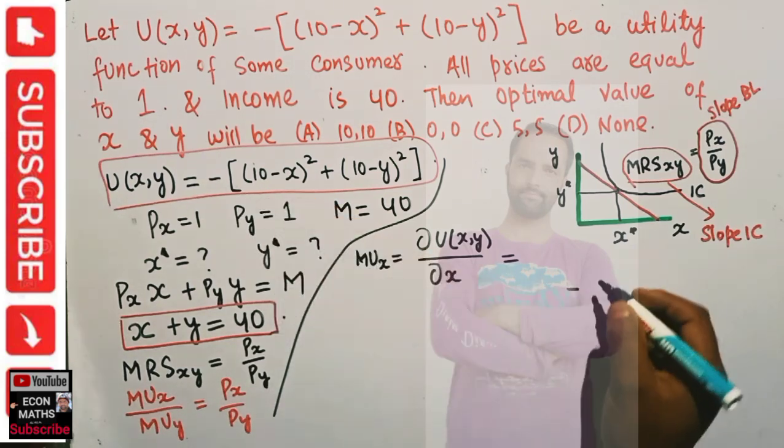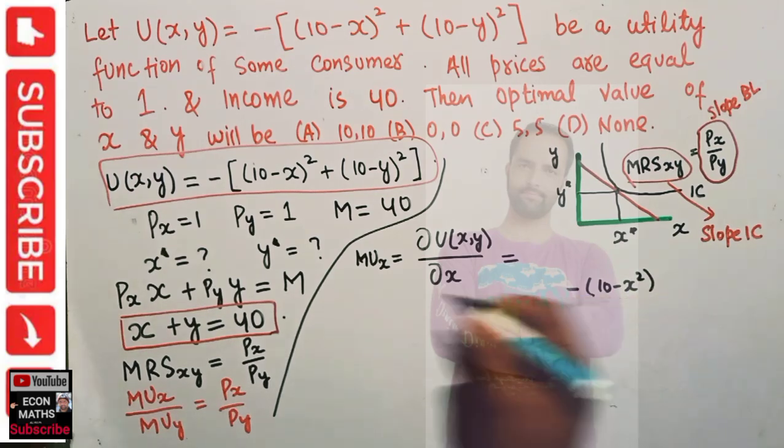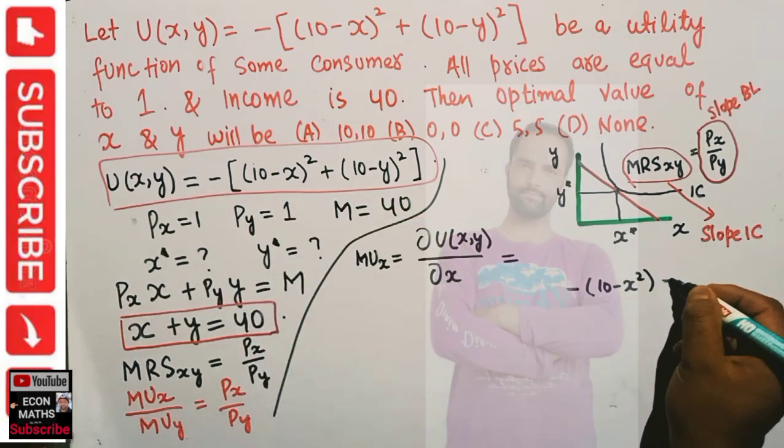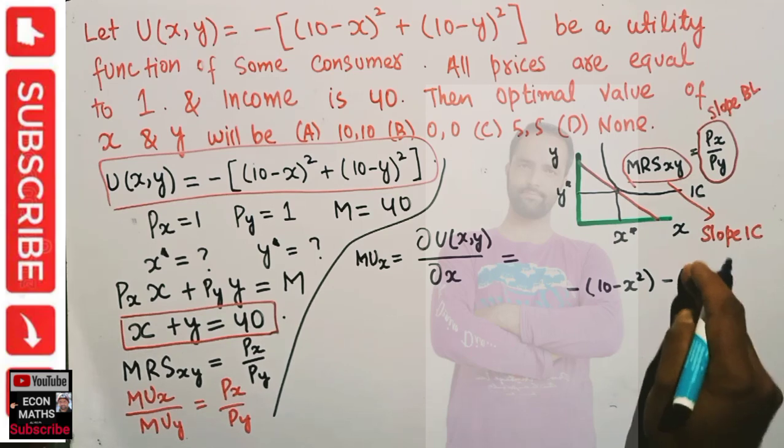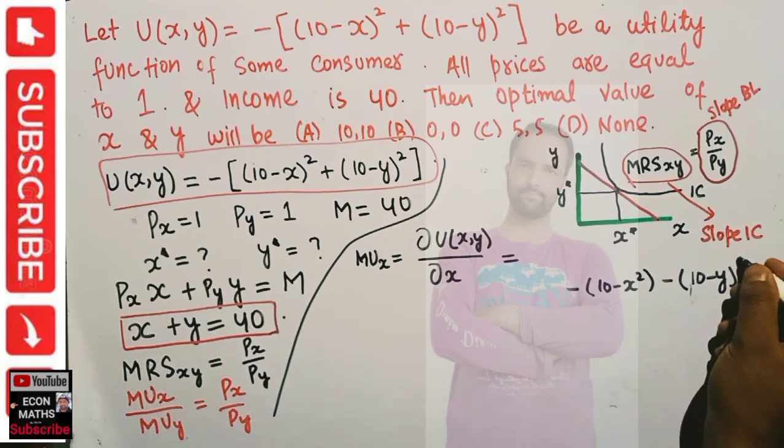If I solve it, this will become minus (10 minus x) whole square, then this minus is multiplied to this term also, we have minus (10 minus y) whole square.